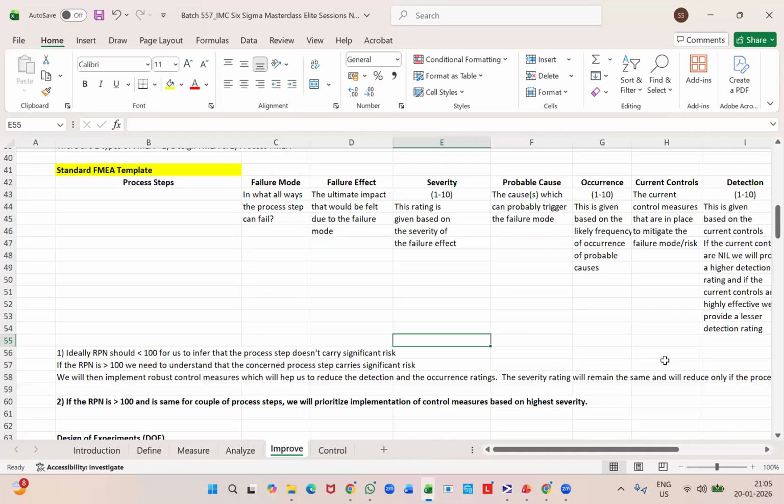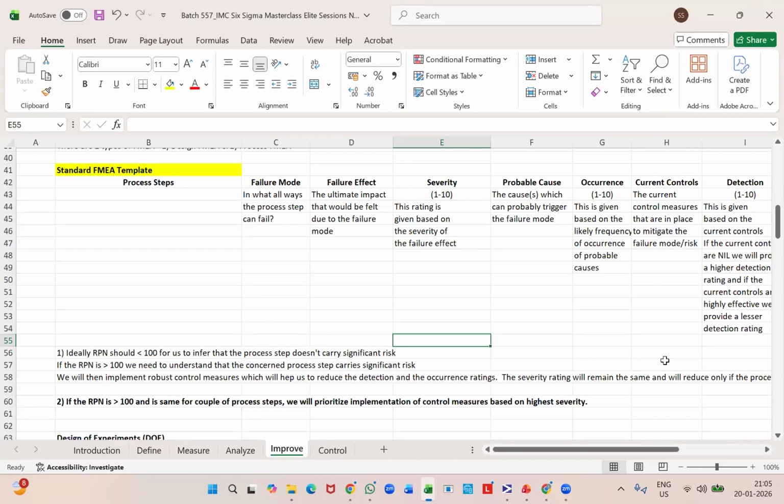That's why I took the example of the pizza making process, which all of you would be able to understand, right? But as I told you, when you work on a project, or even when you work on this exercise as a silo, in case you are stuck identifying the probable cause or the failure mode for a particular process step, you can always discuss later. That's not going to be a problem.